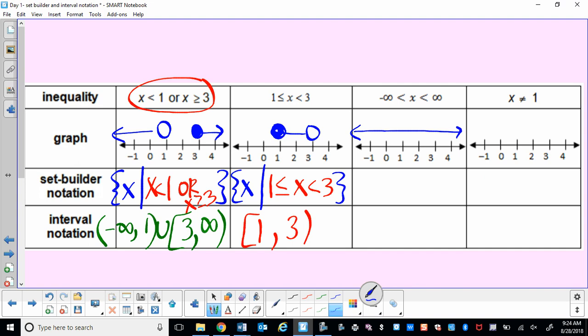All right, so set builder notation. You can do this 2 ways, but we can just copy it as we see it, like we've been doing.